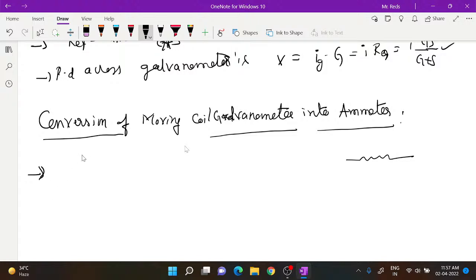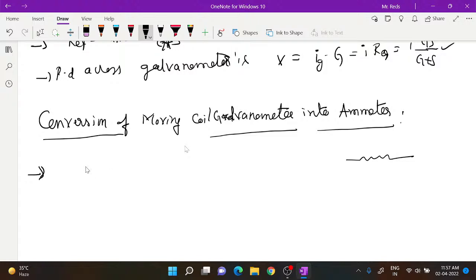You may get some direct concept-based questions on these points. To convert a galvanometer into an ammeter, options will be given: a shunt resistance connected in series with the galvanometer, or a high resistance in series with the galvanometer, or a shunt resistance connected in parallel with the galvanometer, or both 1 and 2, something like that. Options may come, so you should have the basic idea about the conceptual point.